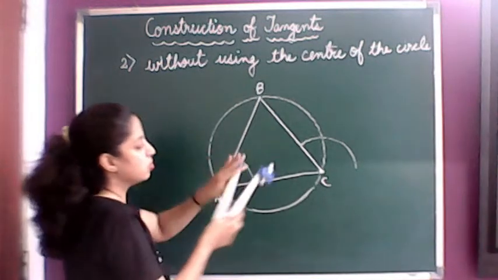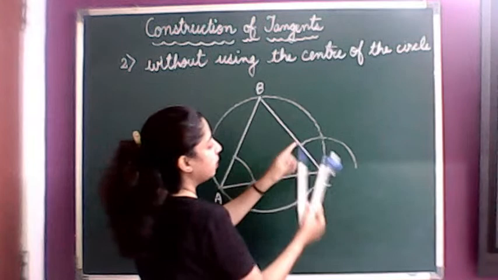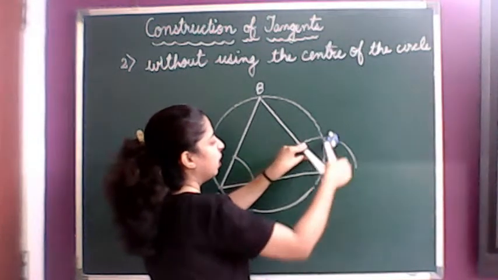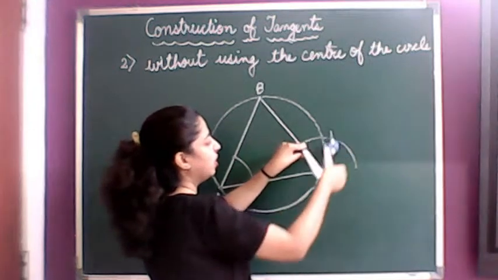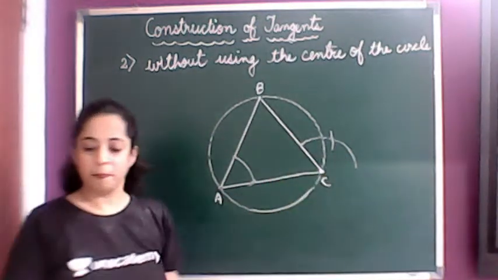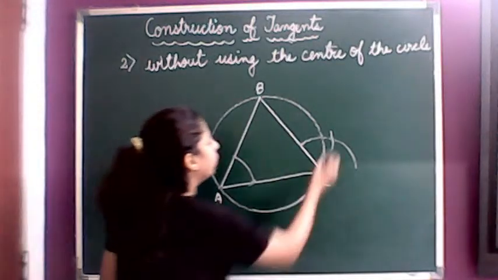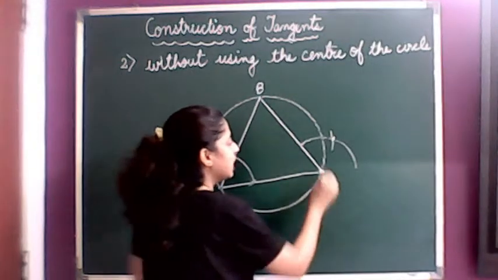Now keeping the same measurement, keeping the pointer here, I will cut this. Can you see where I cut it? Now simply you have to join these two.